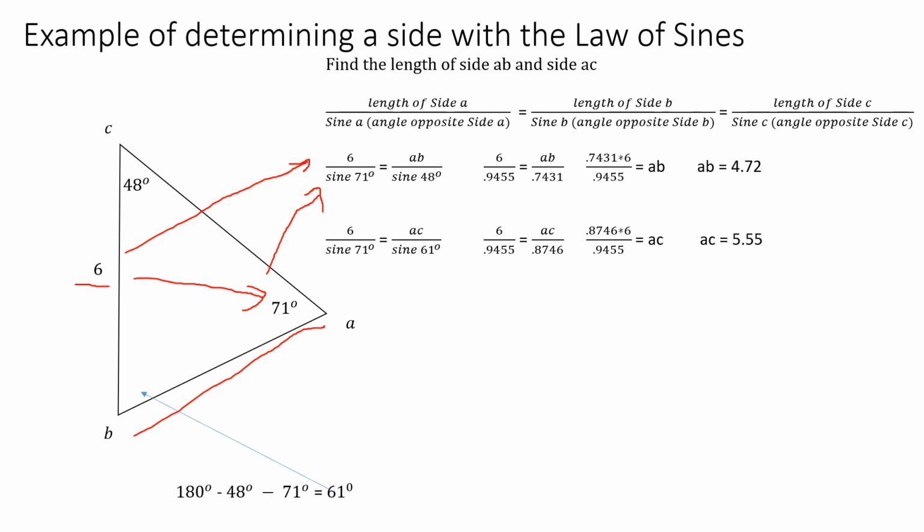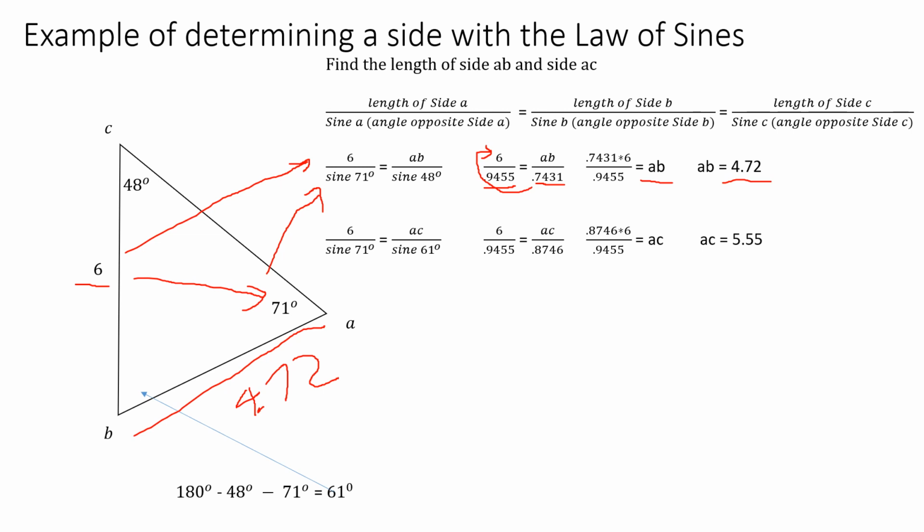The sine of 48 degrees is 0.7431, and the sine of 71 degrees is 0.9455. Multiply: 0.7431 times 6 divided by 0.9455 will equal that length. And that is 4.72. So AB here is 4.72.